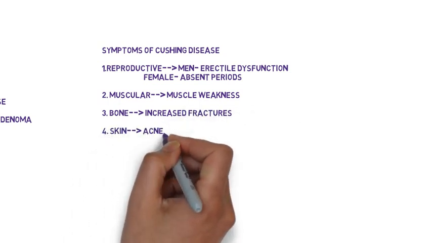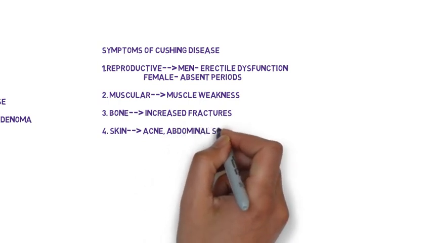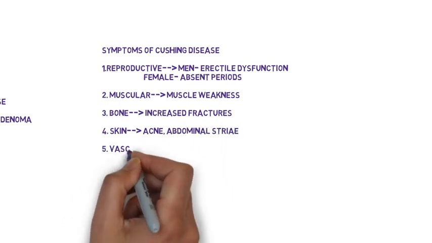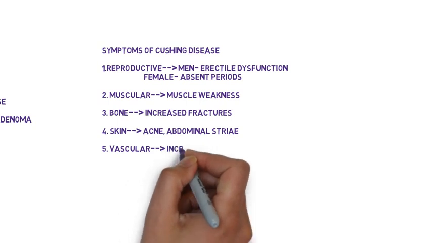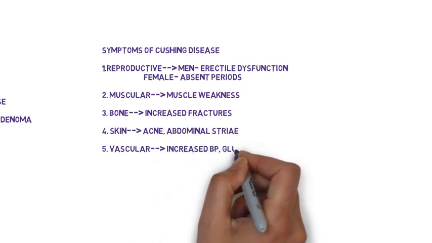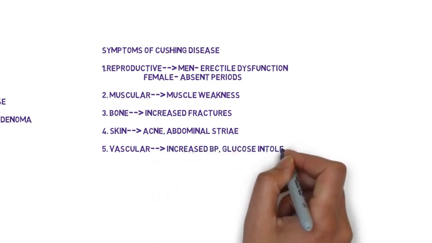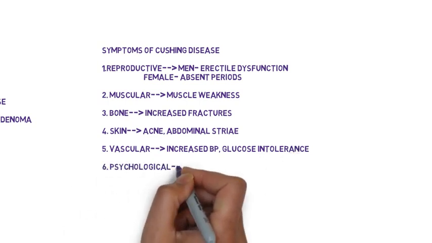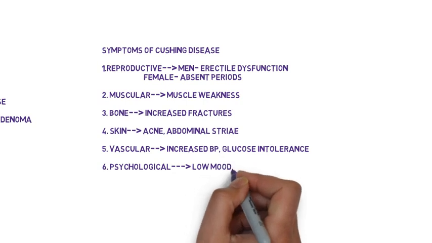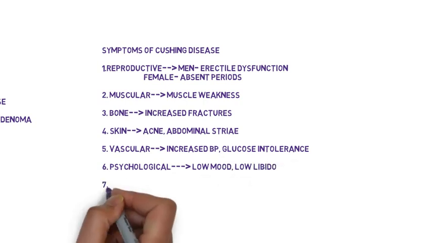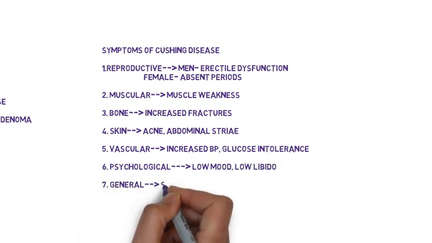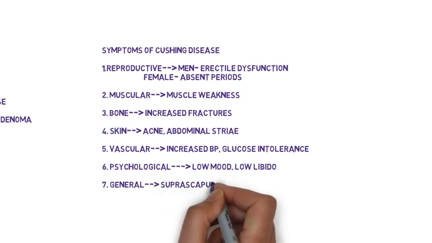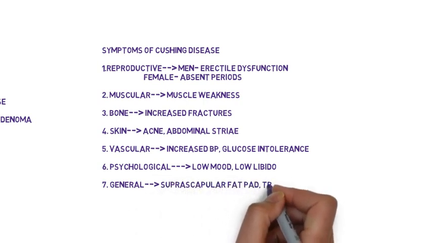Bones, there'll be increased fractures. Skin, there'll be striae and acne. Vascular system, increased blood pressure, glucose intolerance. And psychologically, there'll be low mood, low libido. And then, of course, you have the general symptoms that get frequently mentioned: the suprascapular fat pad, truncal obesity, and easy bruising.